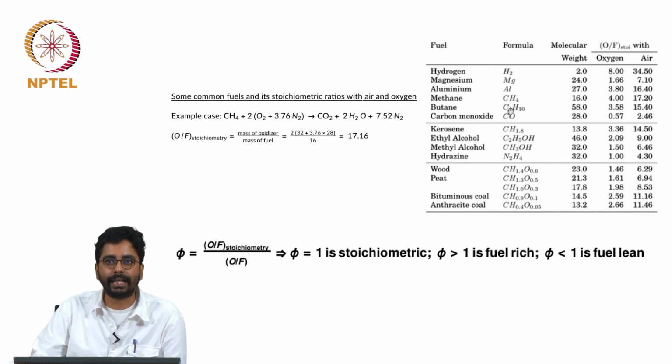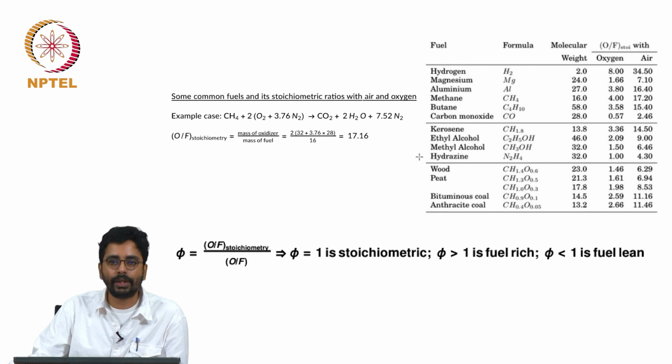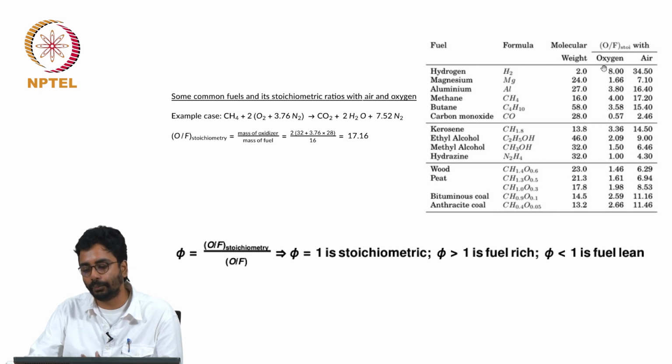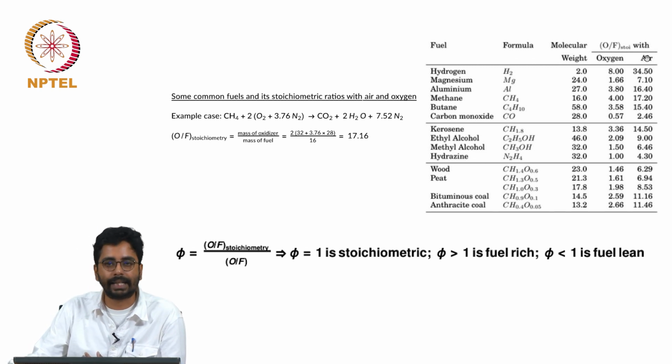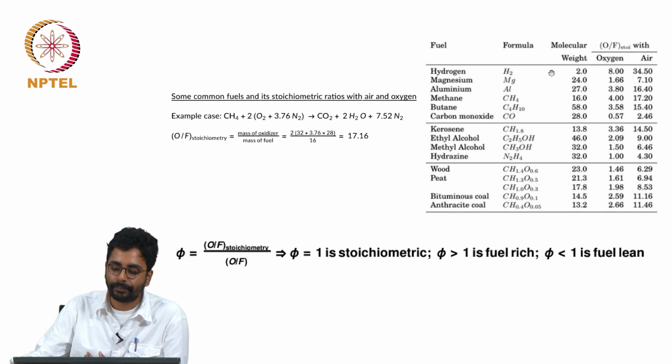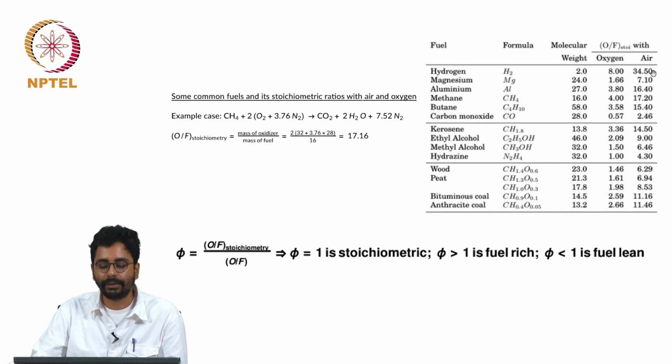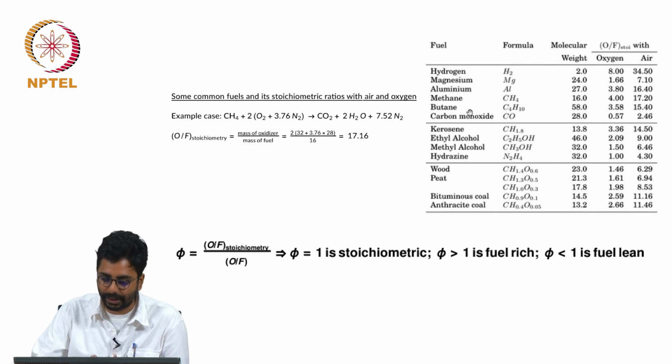17.2. In the table on the right hand side, the same thing is shown for a variety of fuels with both oxygen as the oxidizer and air as the oxidizer. For hydrogen, the oxygen to fuel ratio is 8 and the air to fuel ratio is 34 and so on.